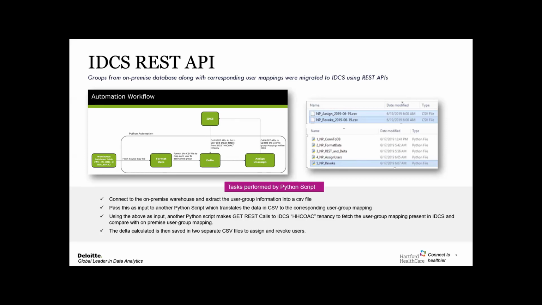Assign users will assign the roles in the IDCS. For example, if a new user is assigned a role today, that user will be assigned the role in the IDCS as well, taking the input from the script. And if a user, for whatever reason, has left the company, or if there is a change in the BU and department allocation or role allocation or whatever, then that user's roles and responsibilities will be revoked from the IDCS as well.